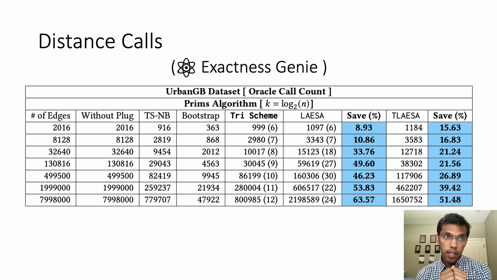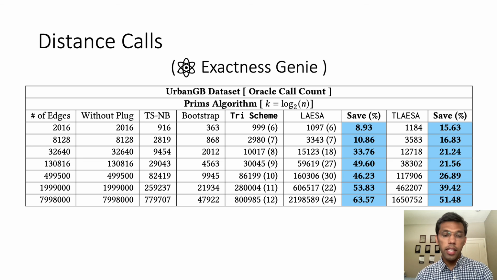Bounds are taken care of. Time is discussed. Now it's time to take a look at the distance calls saved by our very practical tri-scheme approach. These results are for the UrbanGB dataset for the Prim's algorithm. We want to highlight 3 columns: tri-scheme, LESA, and TLESA. Along with LESA and TLESA, you see the percentage save-ups.